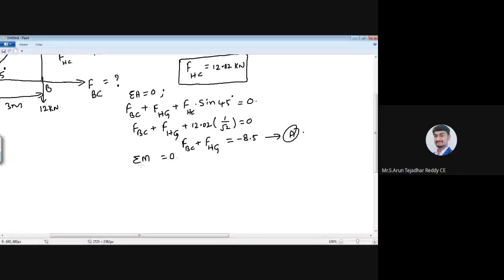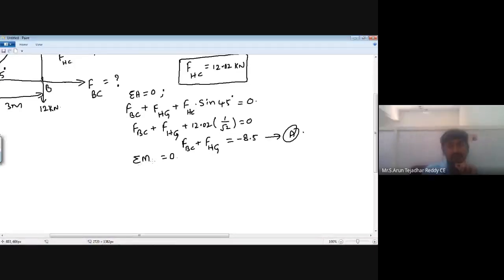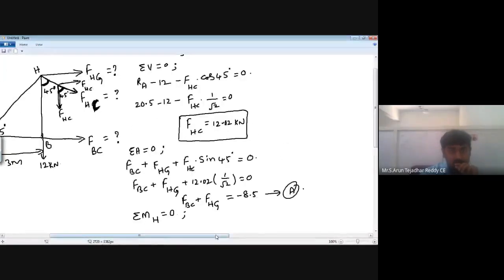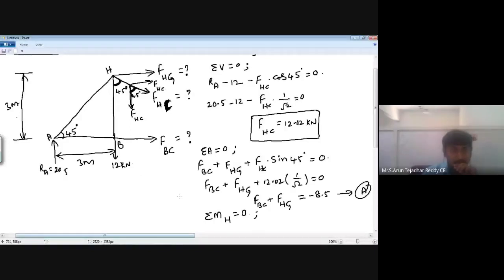Here I am going to consider moment about H. Moment about H is equal to 0. Whatever the forces passing through H, all are 0.